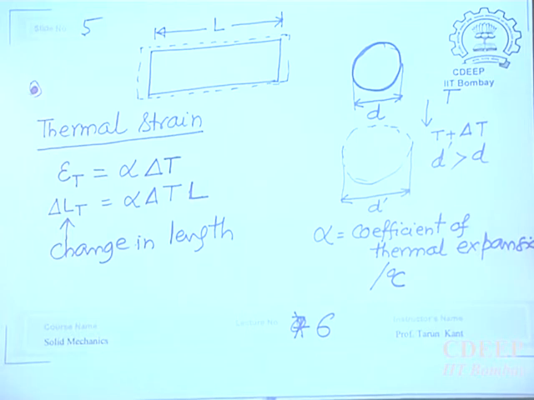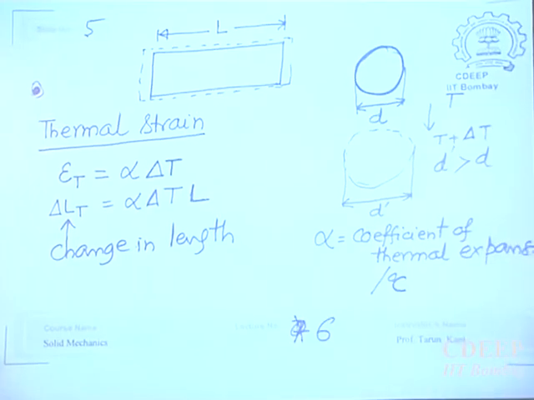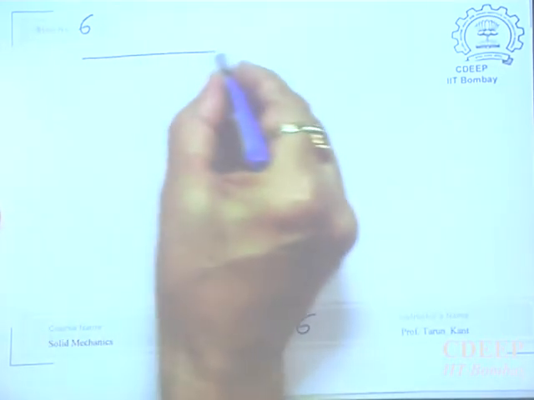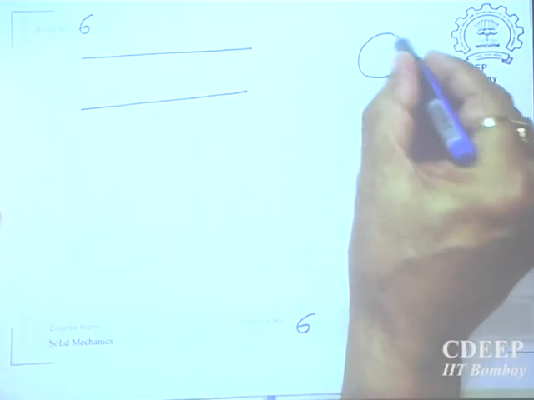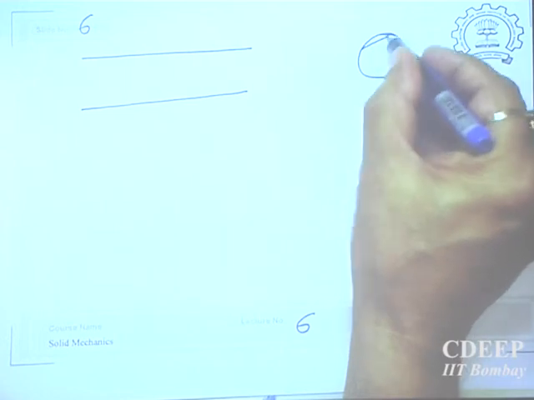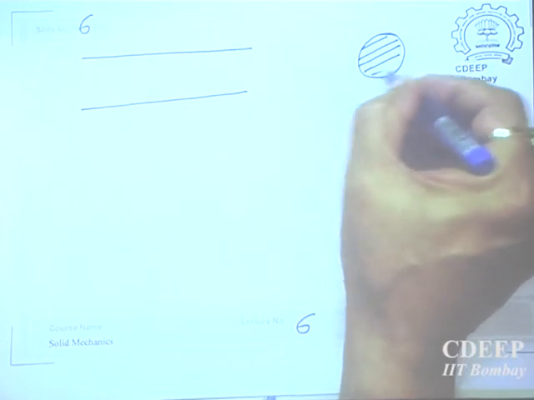But then in reality it does not happen. In reality I will have a rod of some cross section, let me take a solid cross section rod of some diameter.